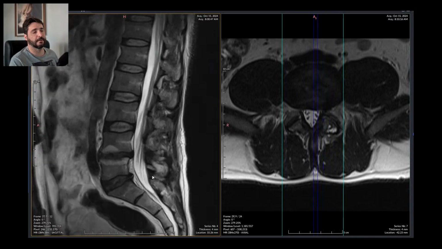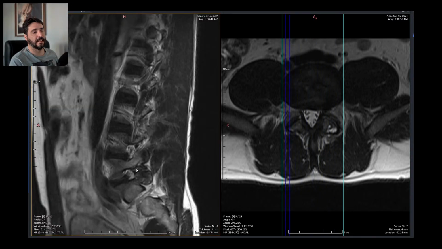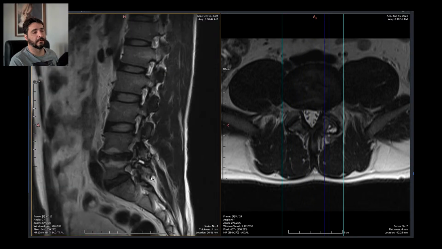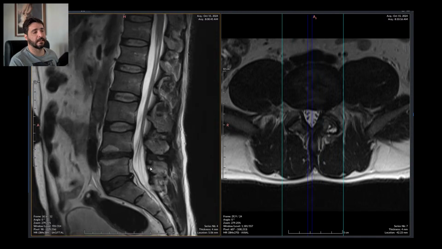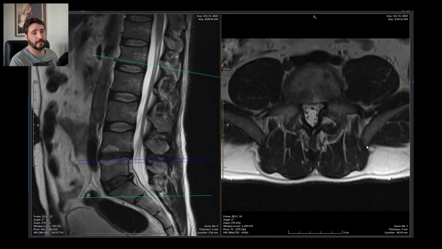This is L5S1. Both sides are fractured with signs of pseudarthrosis. This is a spondylolysis, bilateral spondylolysis case.